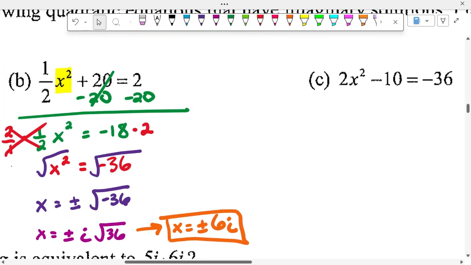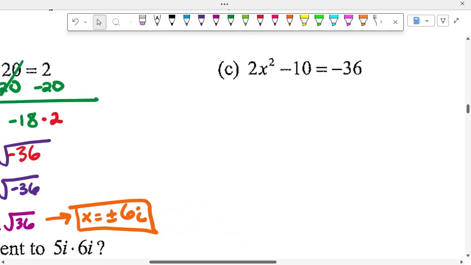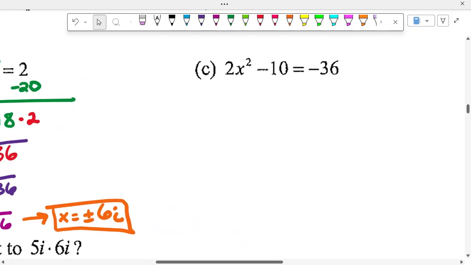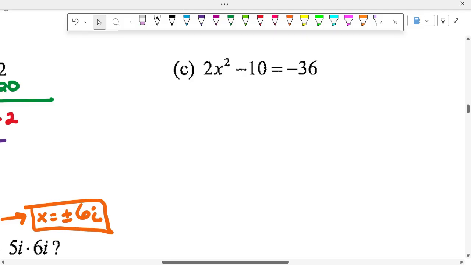Try C on your own. Get the x squared by itself, take a square root, then simplify the radical.